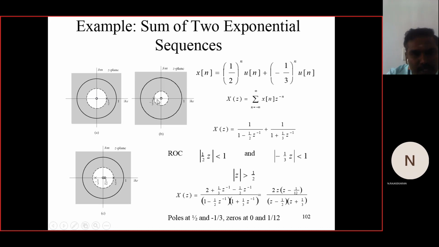You have the poles marked, then the ROC will be fitted in the outer region only; there will be no inner side in the ROC. The poles are at 1 by 2 and minus 1 by 3, and the zeros at 0 and 1 by 12.